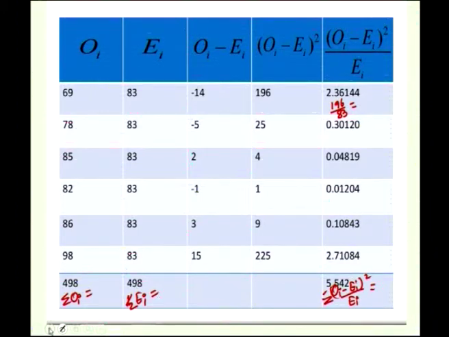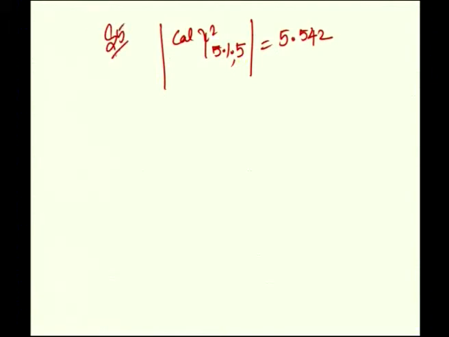So, writing it separately, your calculated chi-square at 5% level of significance, 5 degrees of freedom is equal to 5.542. Now, we are in step 5 for the comparison and conclusion part.